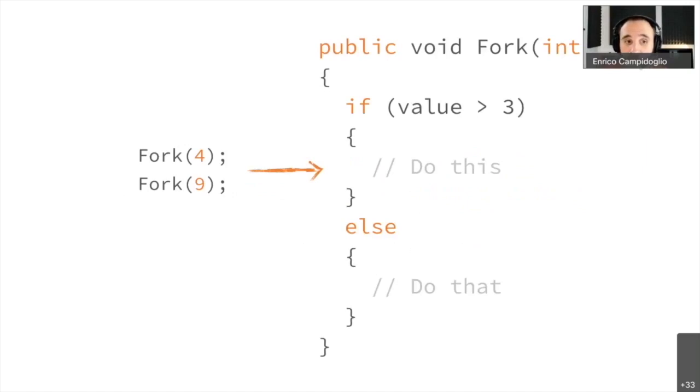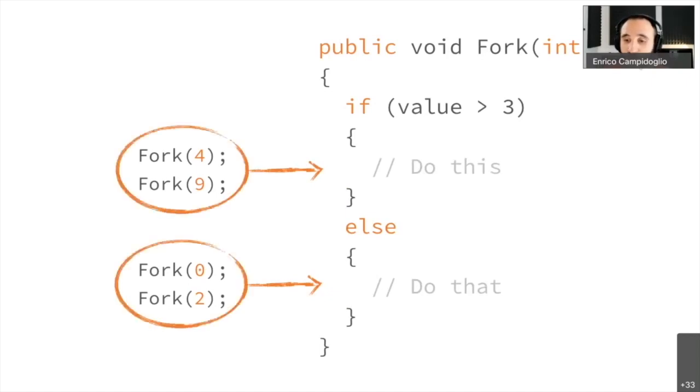If I invoke this method with 0 and 2, those values are less than 3. That means they will execute the other branch. Now, 4 and 9 and 0 and 2, those are equivalent sets. From the point of view of the test, it doesn't really matter if it's one or the other, as long as it exercises the same line of code. So those are equivalent.